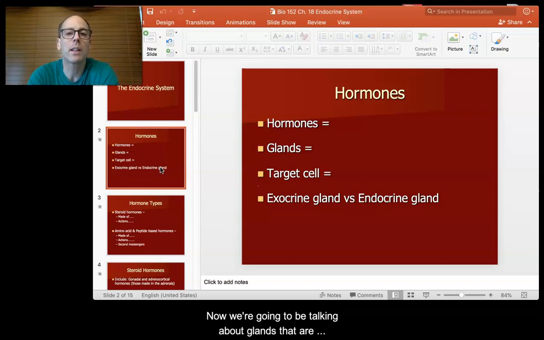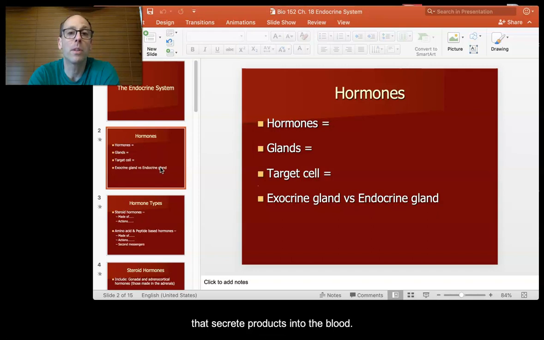Now we're going to be talking about glands that are endocrine glands. And this is really important, so start in your notes. Endocrine glands are glands that secrete products into the blood. So in the endocrine system, when we talk about a gland, the hormone goes into the blood. You also have exocrine glands, and we're going to talk about those when we do the integument.